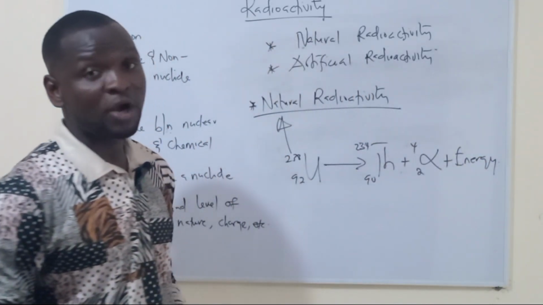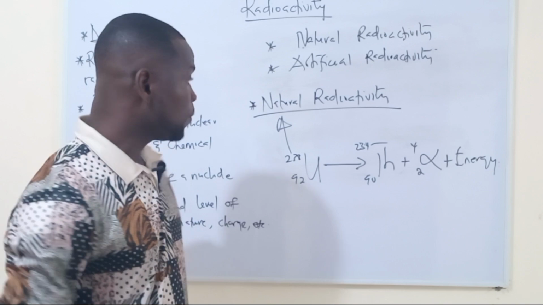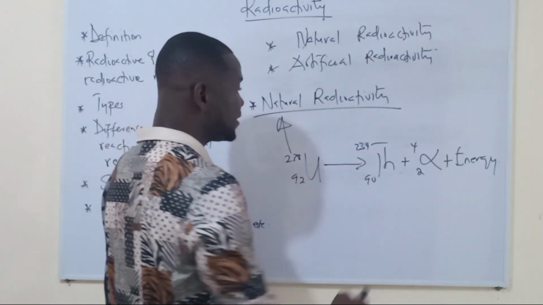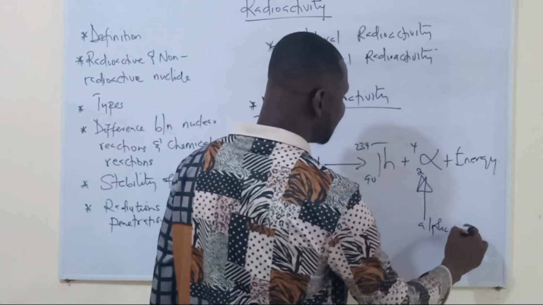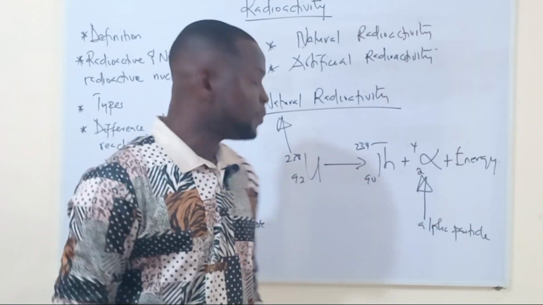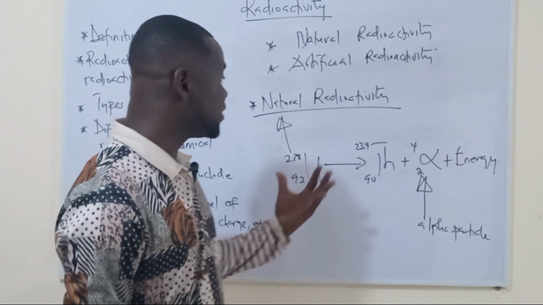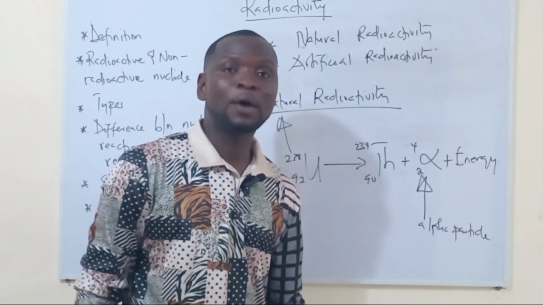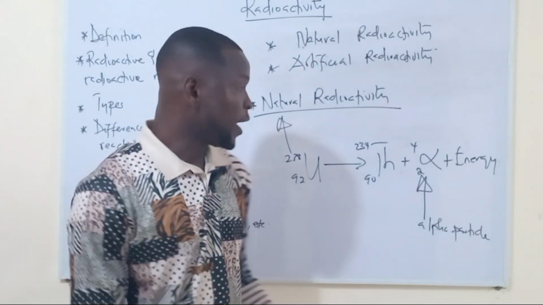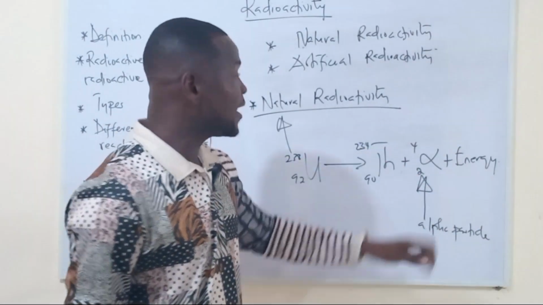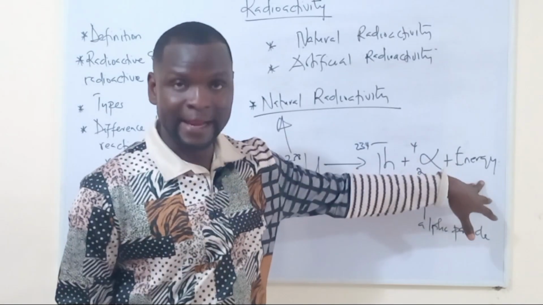This is a natural radioactivity. So what has it emitted? It has emitted an alpha particle. The parent nuclide, after it has undergone the disintegration, is the one that will tell you the type of radiation that will be emitted. And these radiations emitted are accompanied by energy.